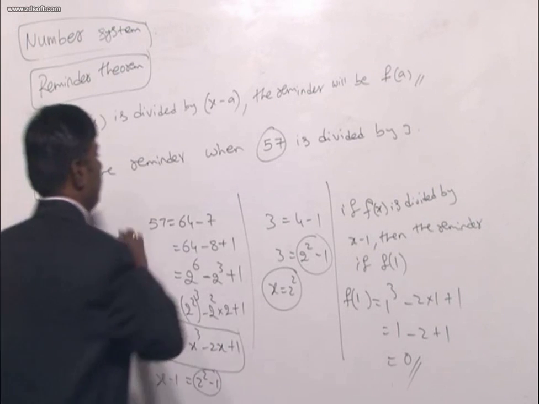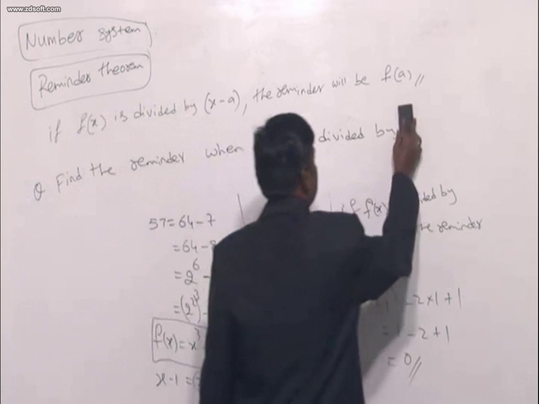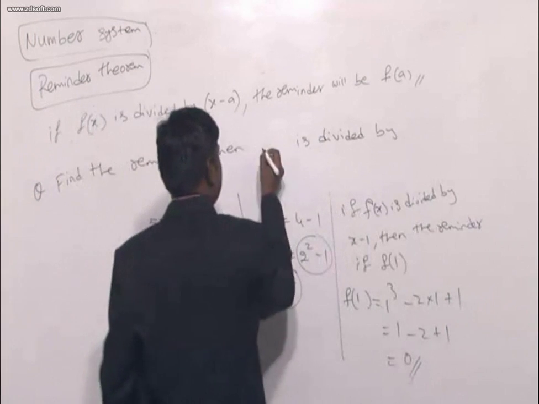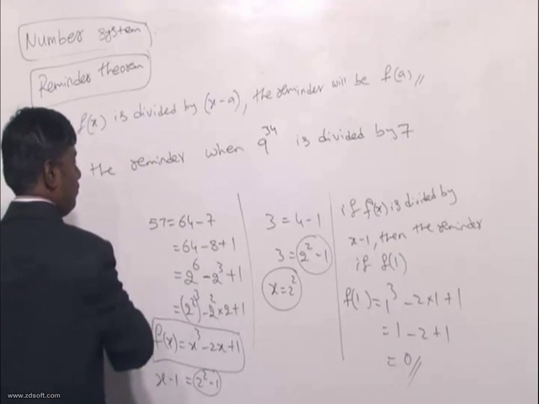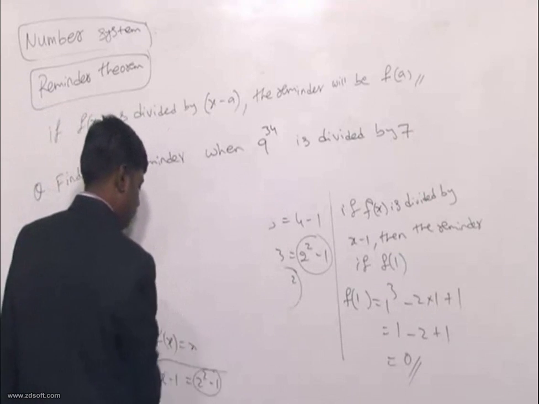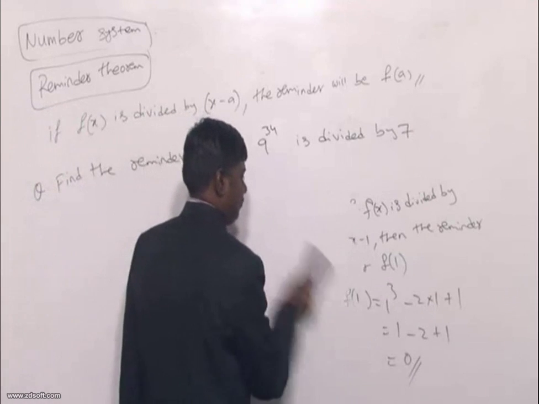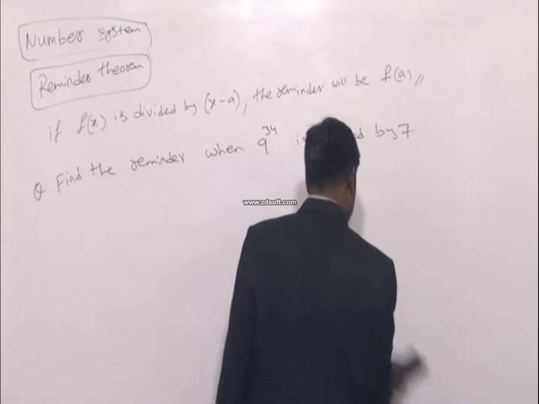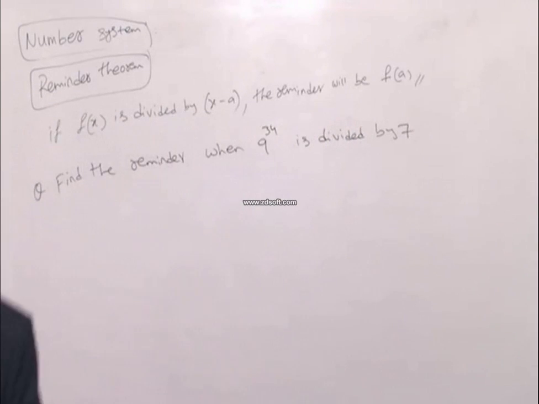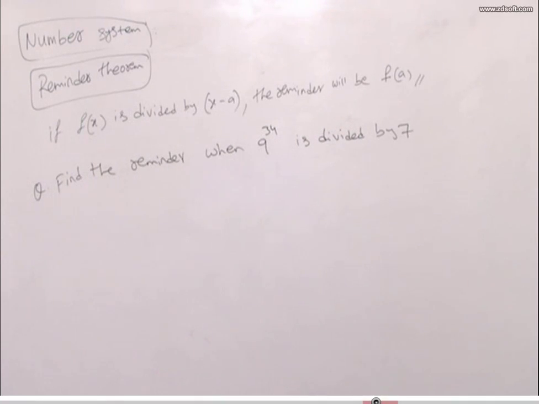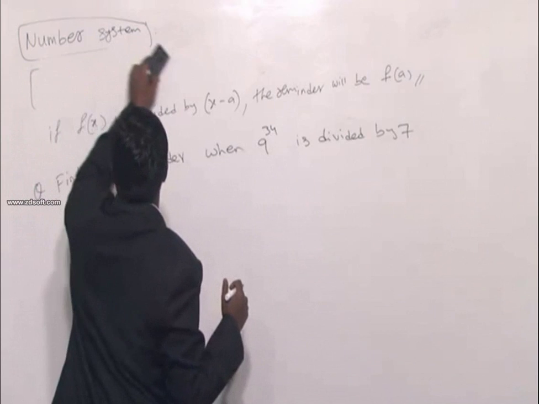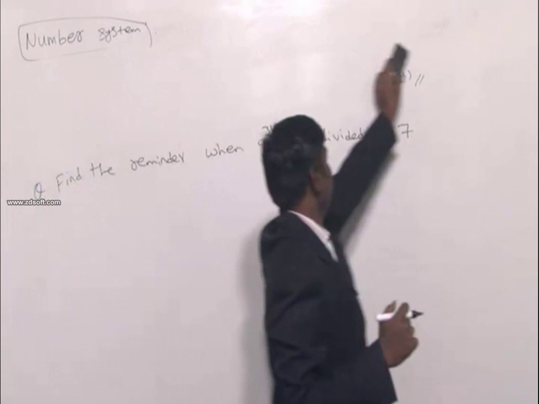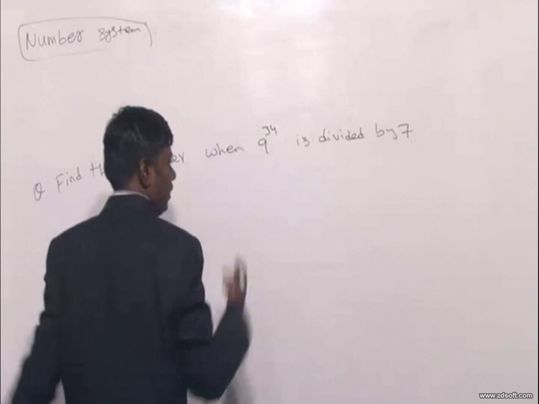Let us take a tougher problem. Try this problem. 9 power 34, find the remainder when divided by 7.